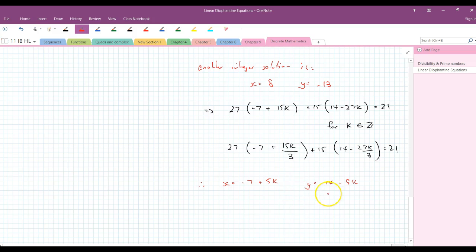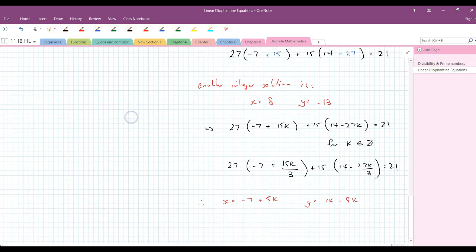So there's our general solution to this linear Diophantine equation. In general form, we can extrapolate and write it that way. I think writing out your solution in such a format will get you to your general solution.